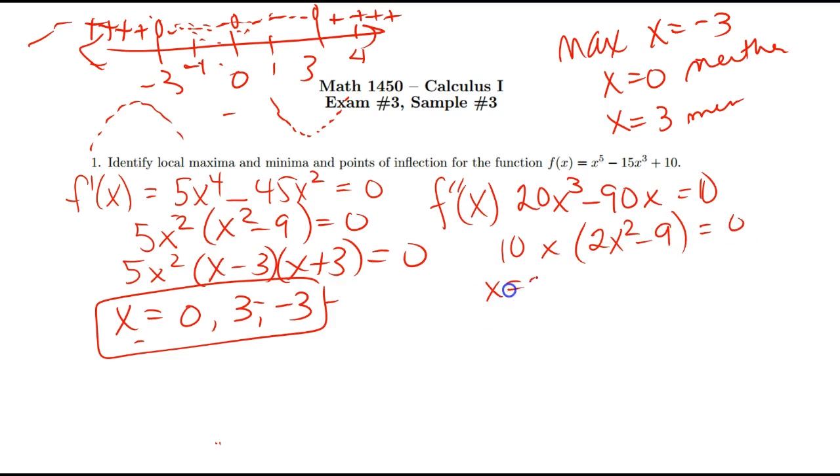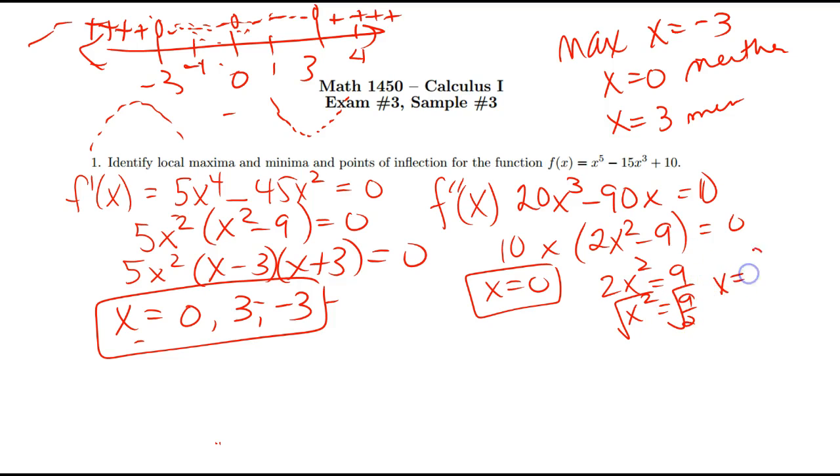So here x equals 0, and 2x squared equals 9. X squared equals 9 over 2. If I take the square root, x equals 3 over the square root of 2, plus and minus, which if I rationalize, points of inflection are at plus and minus 3 square root of 2 over 2, as well as 0. So I have 3 points of inflection, okay?